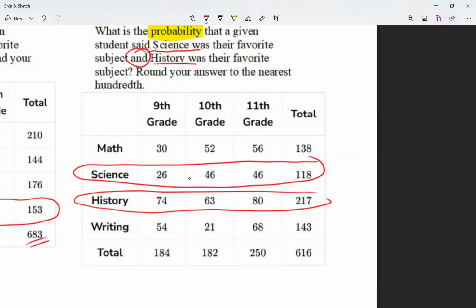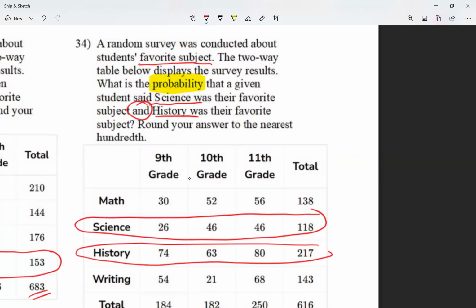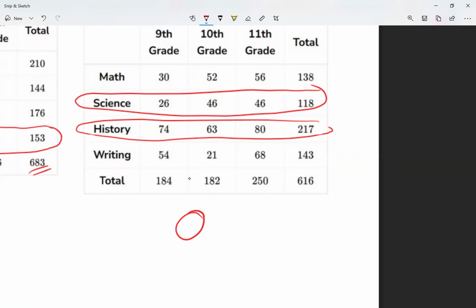I'm using the word and. So how many chose science and history? Well, technically, when they said favorite subject, they only chose one, right? They only chose one class. Here it's telling me how many of these students that only chose one class said science and history. And they don't intersect. Well, in this case, zero.